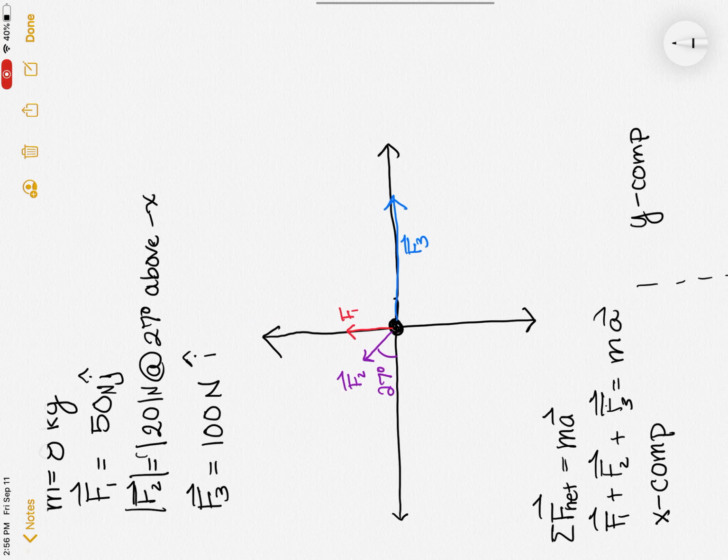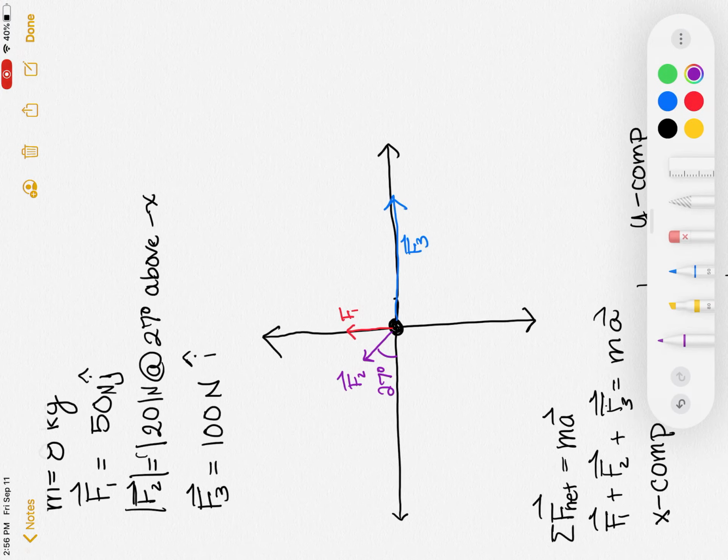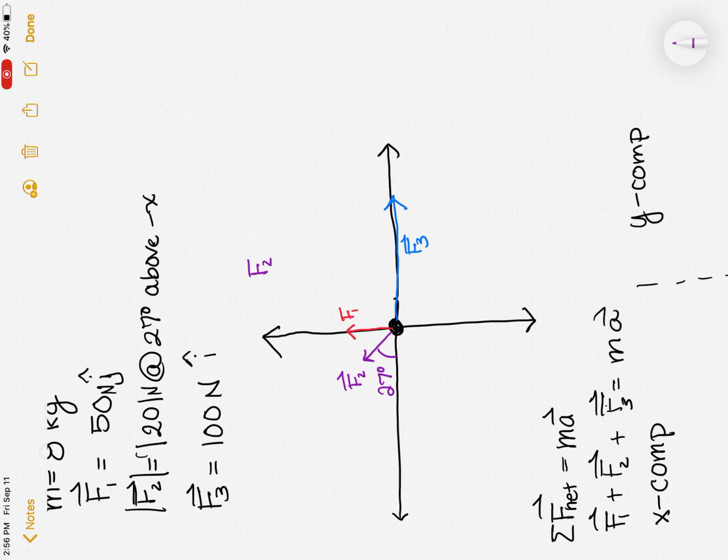So F1 is in the j hat, F2 is going to have 2 components. So for F2x, I have 20 times cosine 27, and I can say that it's going to be negative since it's in the negative x direction. F2y, I have 20 sine 27 degrees.